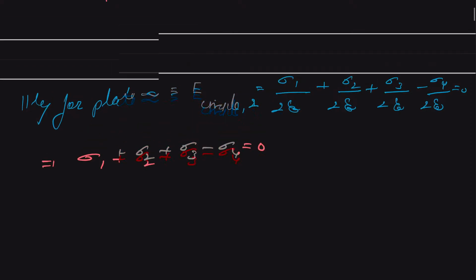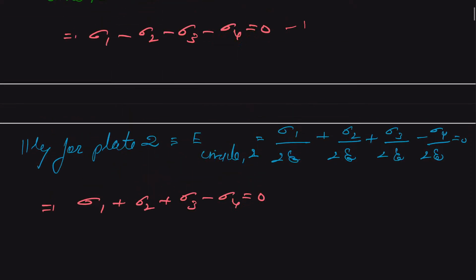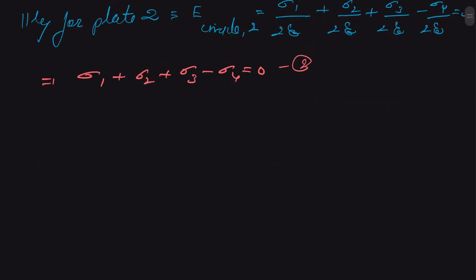And so we are having two equations. Let us put this equation number 1 and this is our equation number 2. And if we add equation 1 and 2, equation 1 plus equation 2, this gives us that twice sigma 1 minus twice sigma 4 is equal to 0, which gives us that sigma 1 is equal to sigma 4.